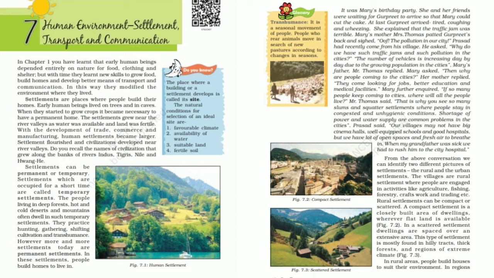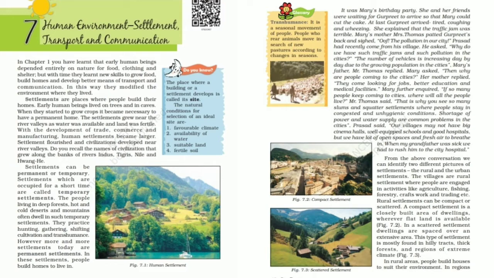These settlements were near river valleys, as the water and fertile soil helped in growing crops. As manufacturing, trade, and commerce started and flourished, larger settlements in the form of towns and cities came into existence.